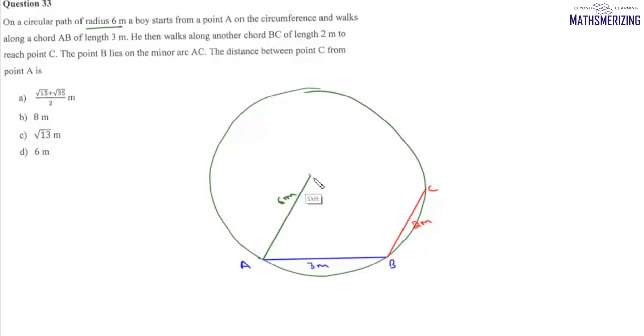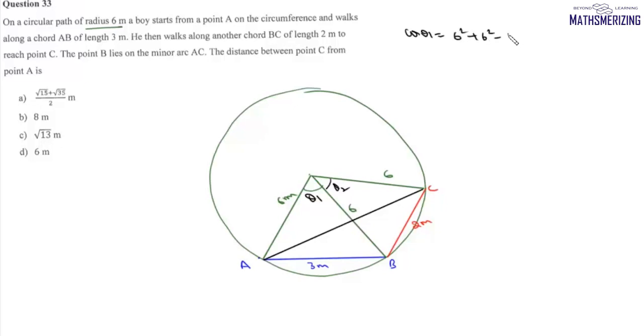Now first we'll complete these triangles. Now this is 6, and this is also 6. Now let this angle be theta 1 and this angle be theta 2. Now we can use the cosine formula to find theta 1 and theta 2. So we can find cos theta 1 as 6 square plus 6 square minus 3 square upon 2 into 6 into 6.